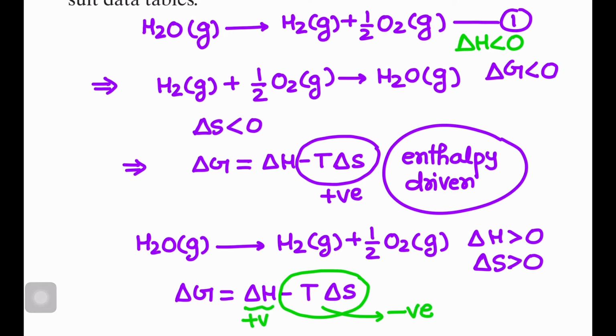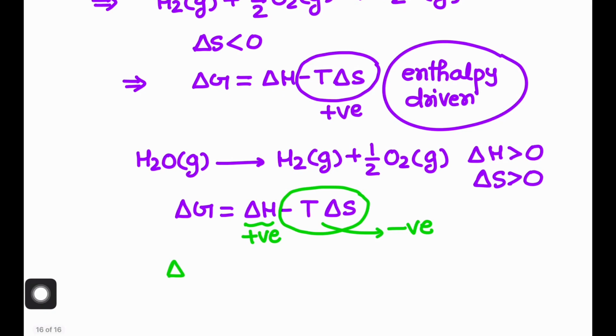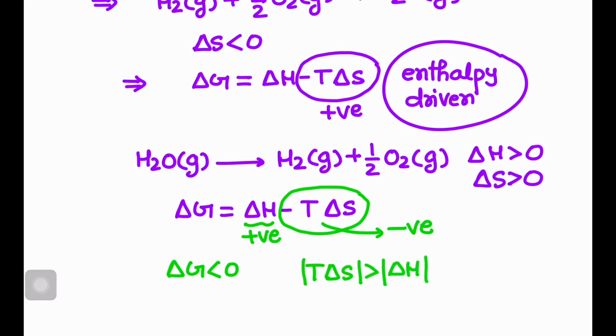Entropy is positive. Okay. To make it spontaneous, delta G must be less than 0, and this is possible only when the magnitude of T delta S is greater than delta H. So delta S is more or less constant, its temperature dependence is very small, but if we increase the temperature, the T delta S value will increase.